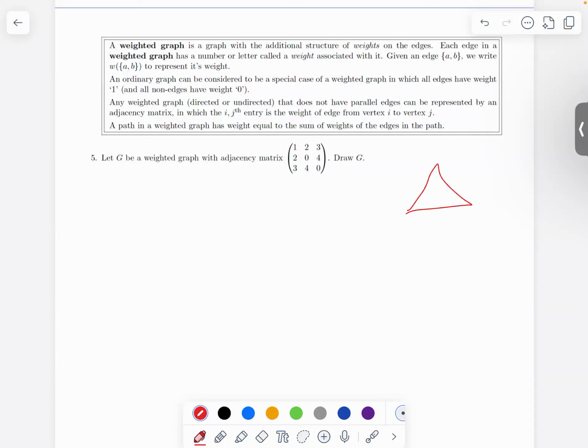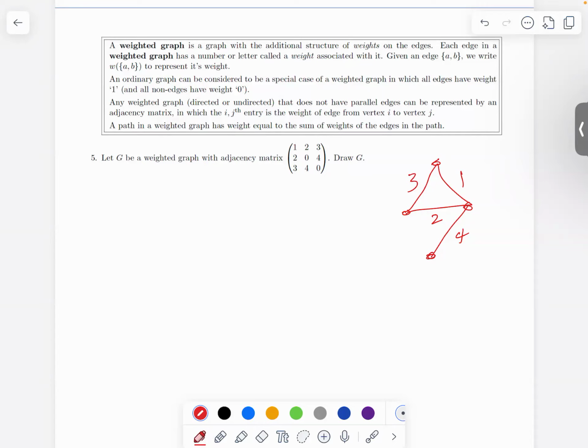Let's say like this graph, with weights 4, 1, 2, 3. It can be the expenditure of traveling between two cities or two vertices, or time, or money that you need to spend.